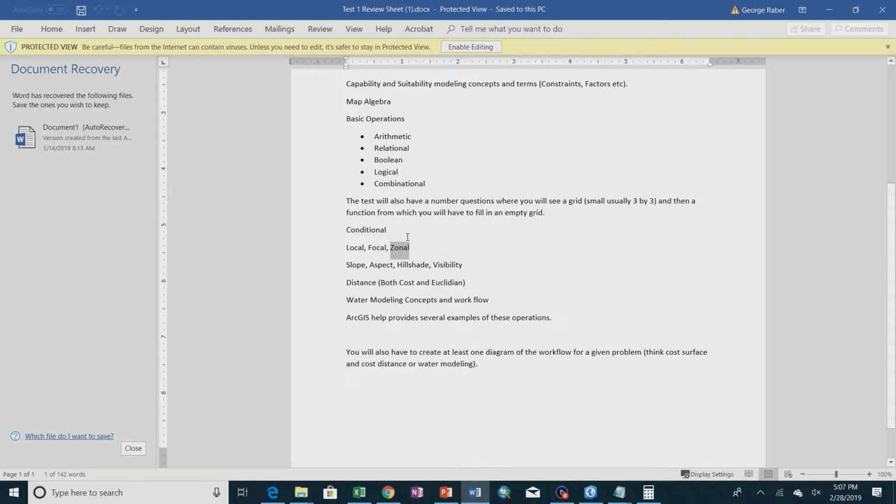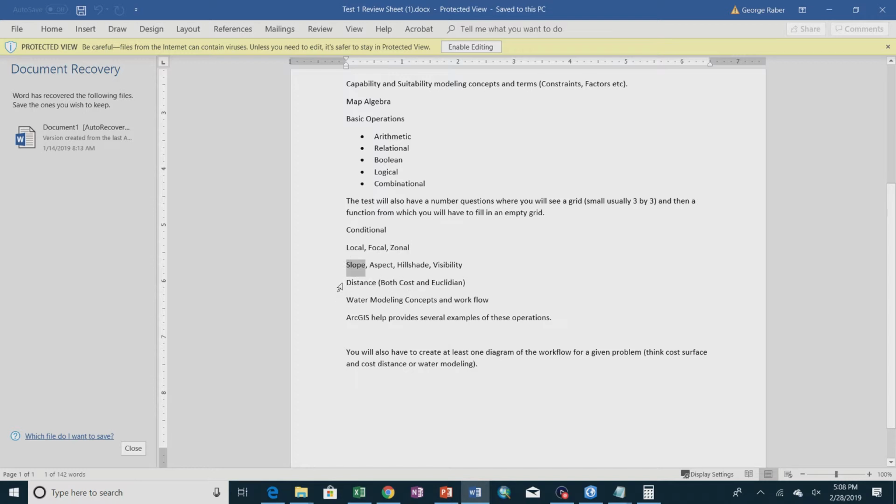You need to go back and look at what a zonal operation is and when you do it. Basically, it's when you're trying to summarize everything that's in a particular category. Typically, they're regions. So you're saying, what's the average elevation in a particular region? That's a zonal operation.